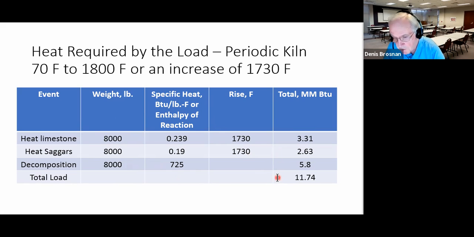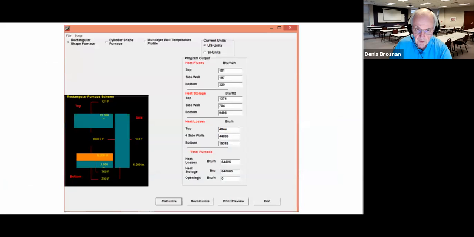And if my arithmetic is correct, we've got 11.74 million BTUs in order to change the limestone from calcium carbonate to lime when it's held within refractory saggers in a furnace. Next is the heat required by the load plus the heat storage and the heat loss in the furnace.